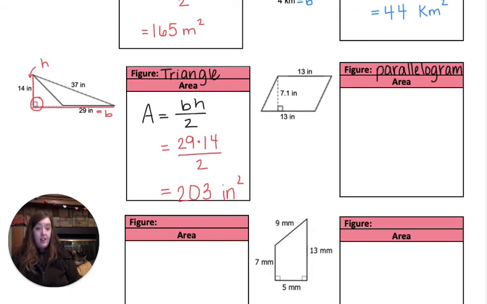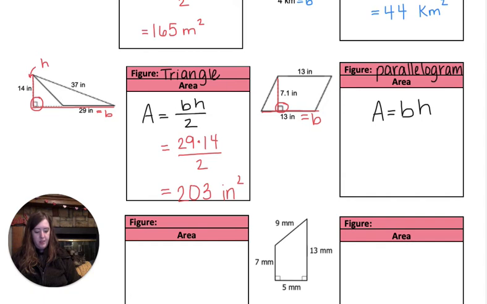To find the area of a parallelogram, we are going to take base times height. Remember that our base and our height always have to make a right angle together. So down here is my base of 13 inches.